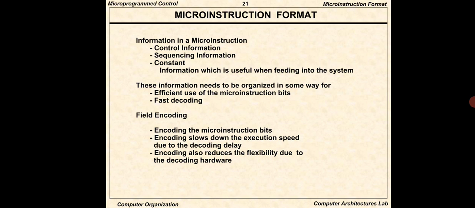Field encoding is nothing but your encoding of the micro instruction bits. Encoding slows down the execution speed due to the decoding delay. Encoding also reduces the flexibility due to decoding hardware. So these are a few basic advantages and disadvantages of your micro instruction format.